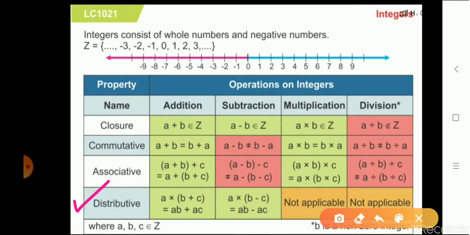The last property is the distributive property. In this, the integer which is outside the brackets gets distributed to the integers inside the bracket. So a into (b plus c) will be equal to ab plus ac. It is true for the case of addition and subtraction, but in case of multiplication and division it is not applicable.